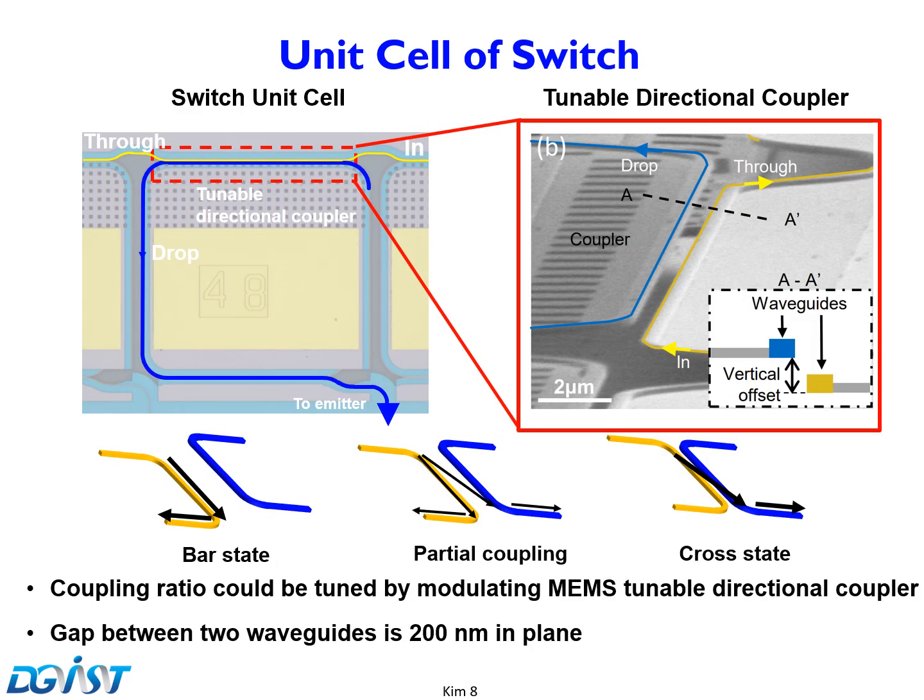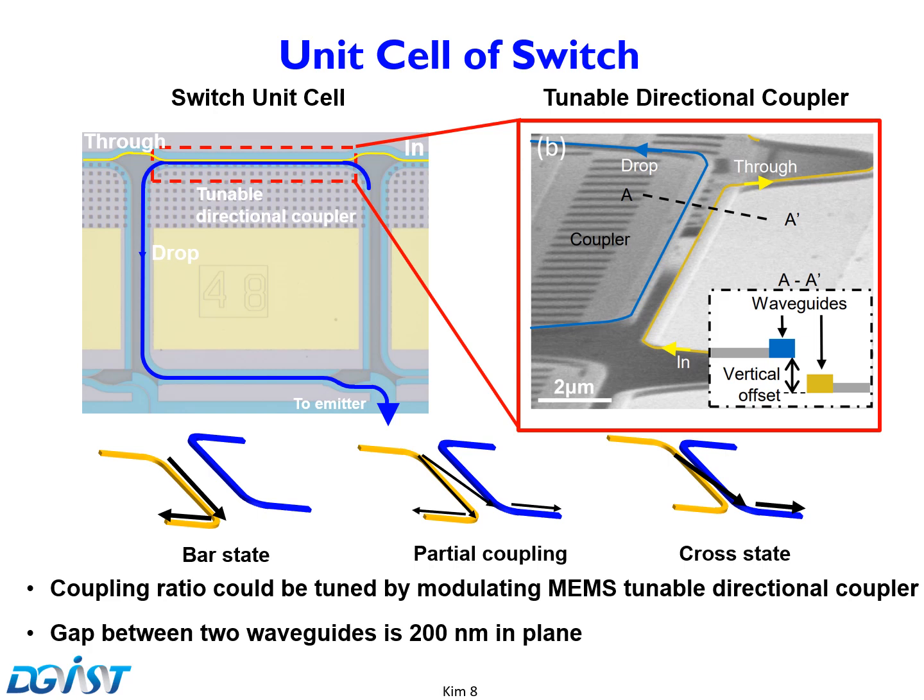Let's see the details of the switch unit cell. The left figure shows the microscope image of the switch unit cell. The coupling ratio between the through and drop ports is controlled by the MEMS tunable directional coupler. As shown in the right SEM image, there are two waveguides located in parallel.